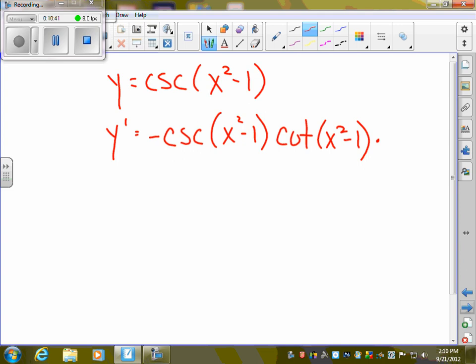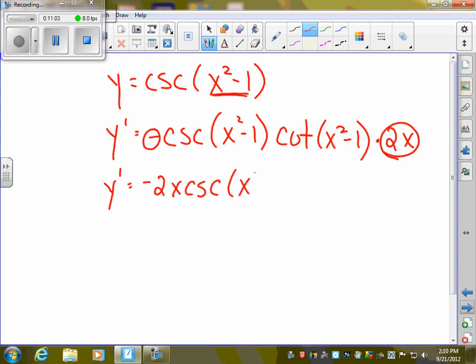So if I take the derivative, and we always go back to the original problem, the derivative of x squared minus 1 would be 2x. Now again, just moving stuff around and rearranging. I've got a negative in the front and a 2x at the end, so I can put those at the beginning and make it negative 2x, and then cosecant of x squared minus 1, cotangent of x squared minus 1.